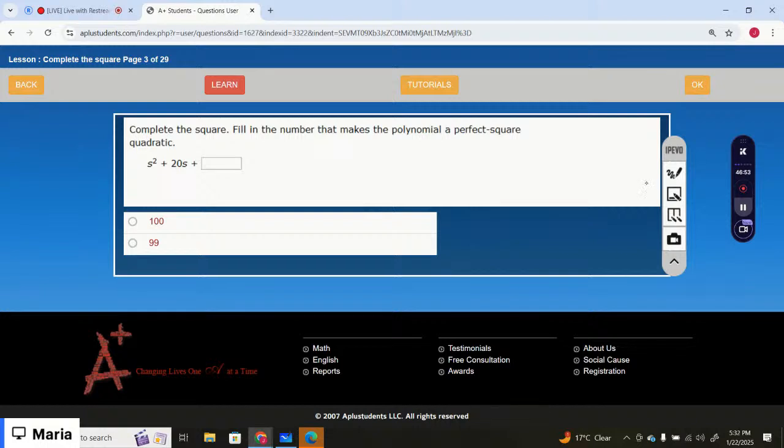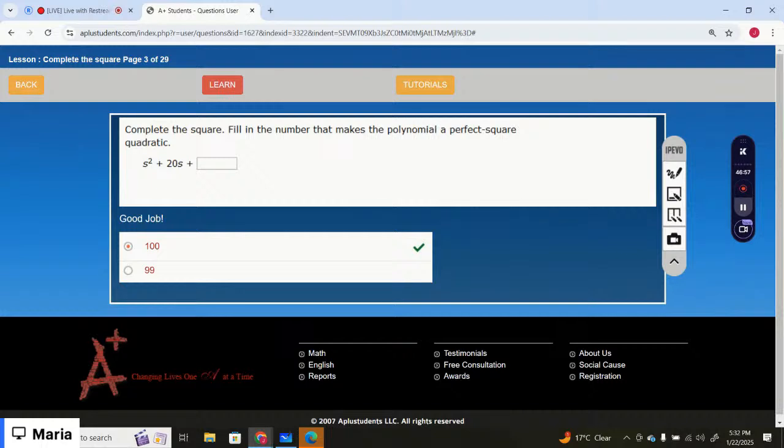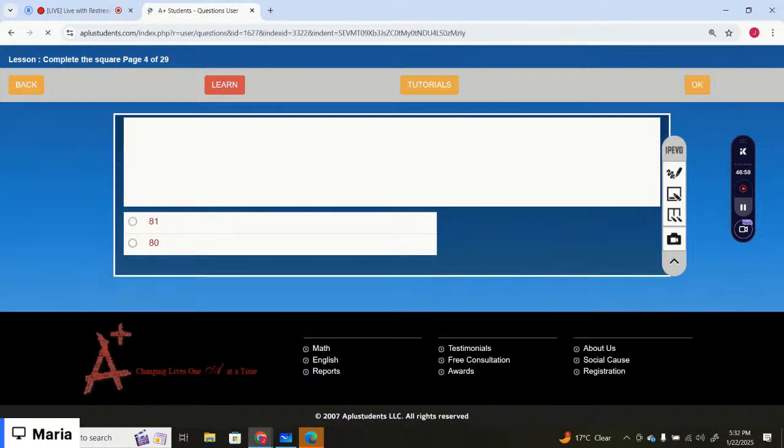Option number 1 is the correct option. Complete the square. So which is the correct option?